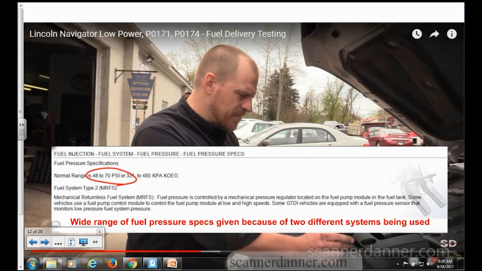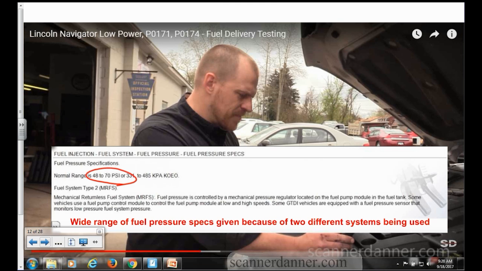So why do we have this wide range? It describes it. I think Ford uses MRFS as mechanical returnless fuel system. And it actually gives us the description. Fuel pressure is controlled by a mechanical pressure regulator located on the fuel pump module in the tank, so part of the pump.